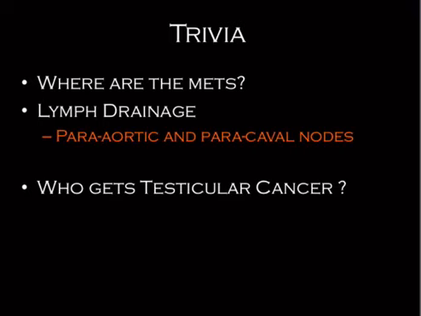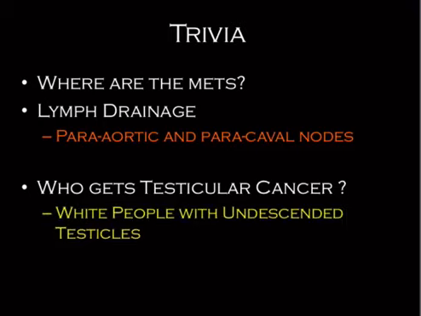There are family genetic risk factors, but the big risk factor is being white and having undescended testicles. And remember also that it's not just the undescended testicle that has an increased risk for malignancy. The contralateral testicle, even if it's properly descended, has an increased risk for testicular cancer, which makes no sense, but it does.